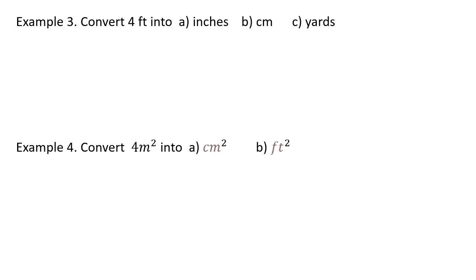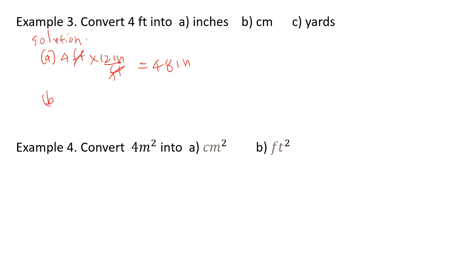So your solution, 4 feet, letter A, 4 feet times 12 inches per foot equals 48 inches. Unit cancel feet, feet.